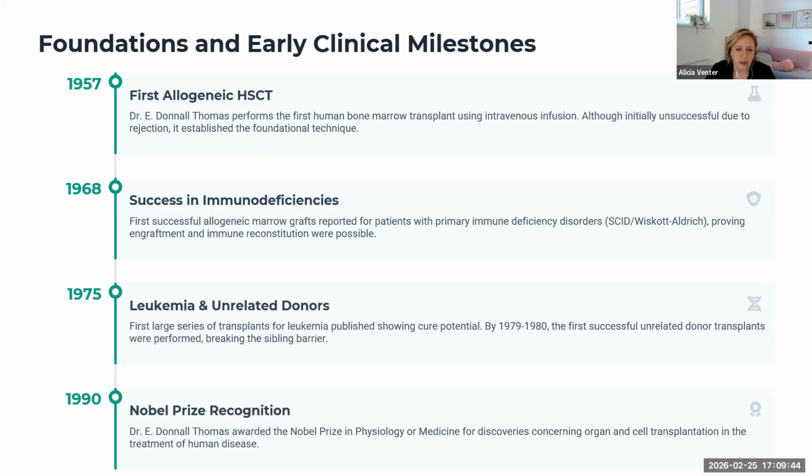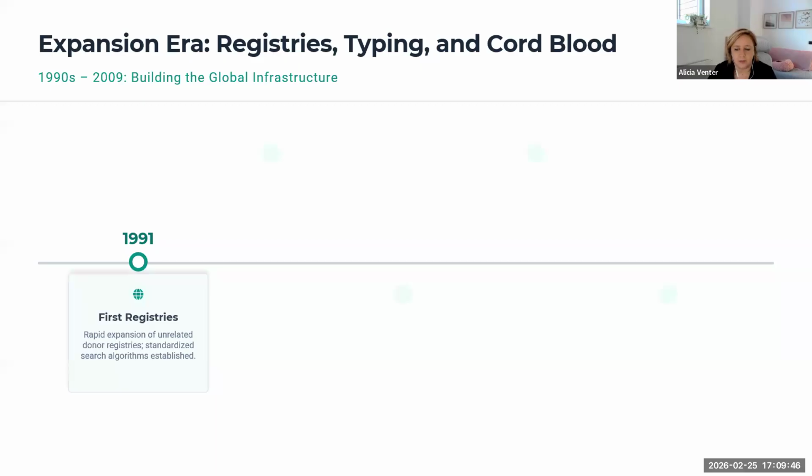But those 4 eras that I mentioned really kick off in the 1990s, where in 1991, the first unrelated stem cell registry was established. This really started standardizing what search algorithms would have to deal with in future. A few years later, the first cord blood bank was established, where they also started banking umbilical cord blood from newly born babies.